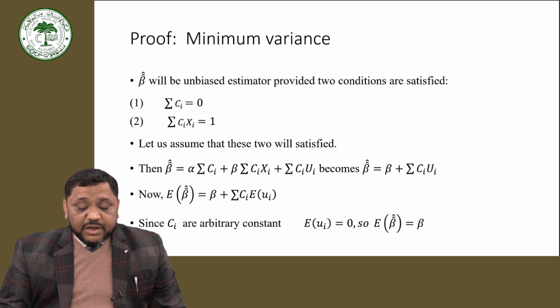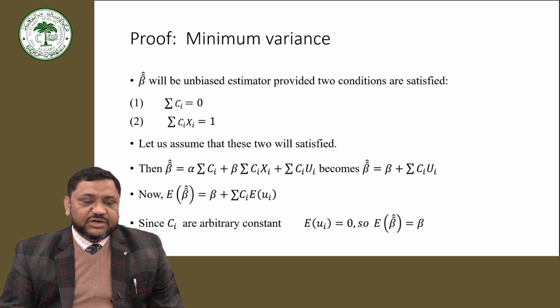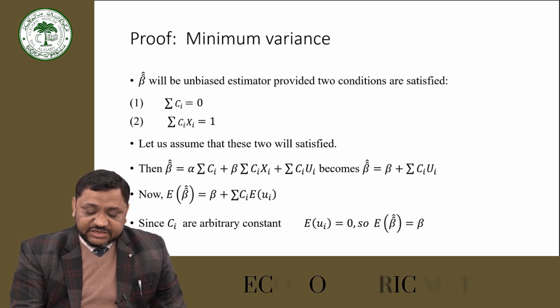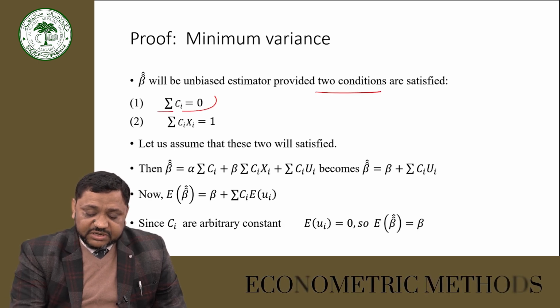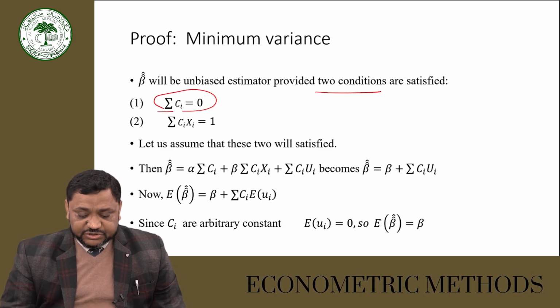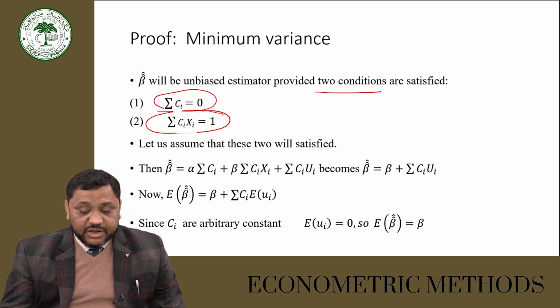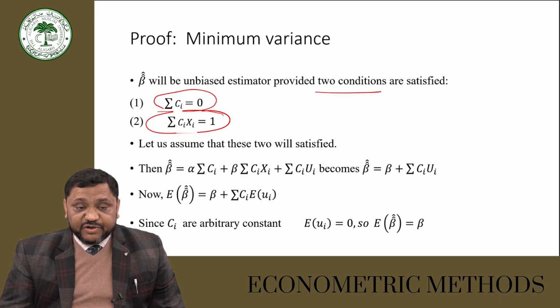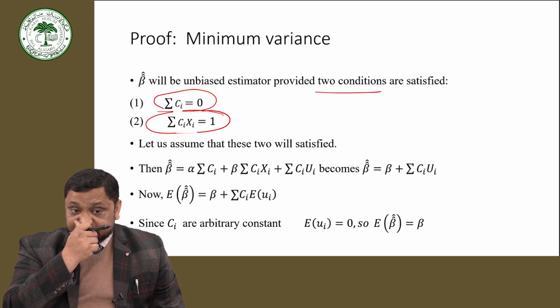Now it will be unbiased provided two conditions are satisfied. The first one is summation ci is equal to 0, and summation ci xi is equal to 1. If you recall, in our earlier case when we were using wi, summation wi was equal to 0 and summation wi xi was equal to 1.